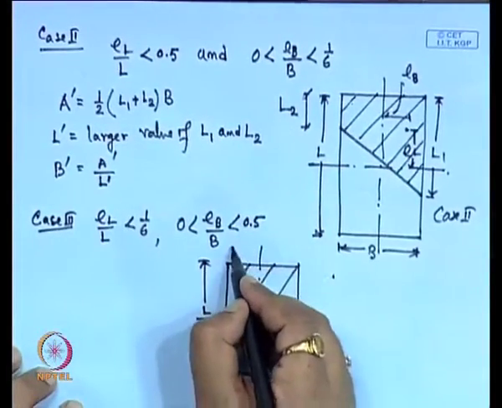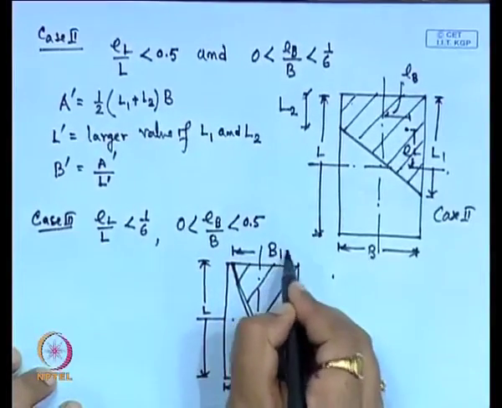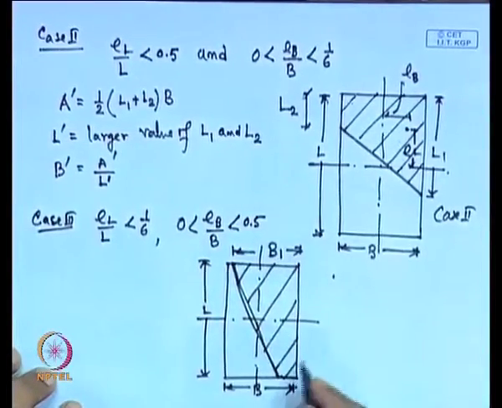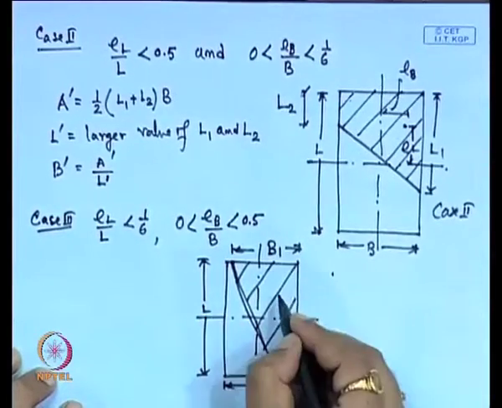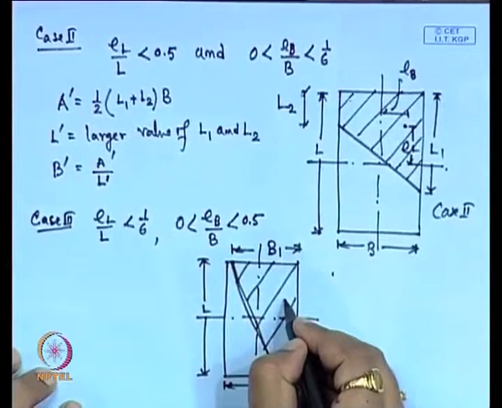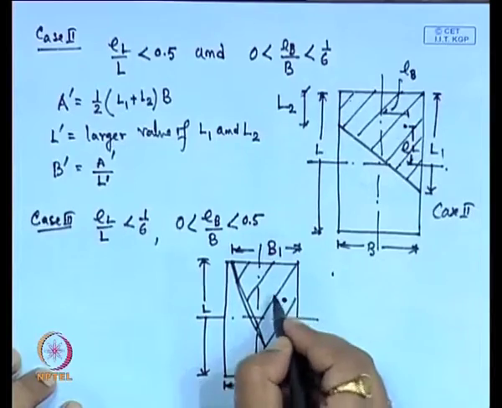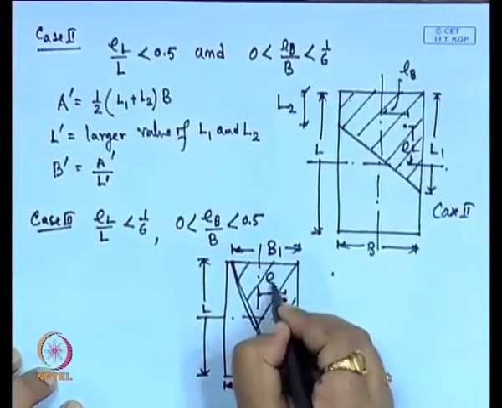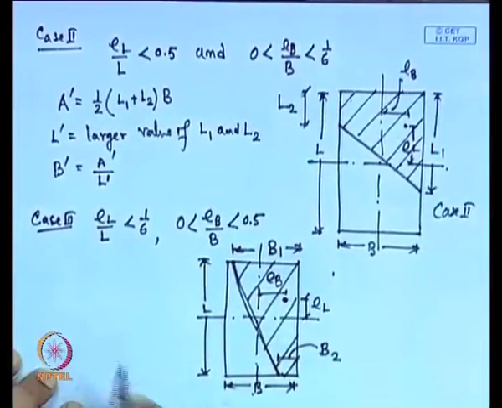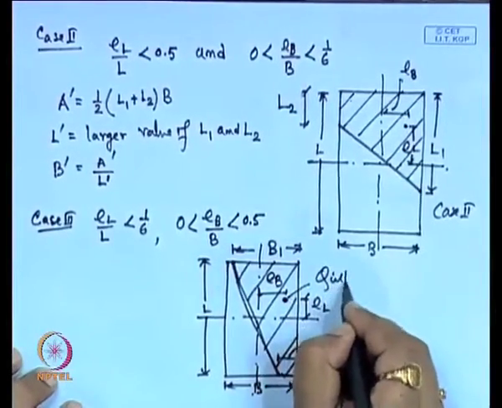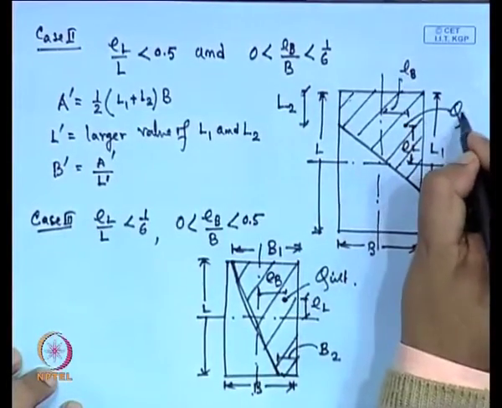So, this one is equal to B 1 and this value will give us B 2, this is L and this one B. So, this will be the point. So, this is E B and this one E L. So, this point this is Q ultimate. Similarly, this one also this is Q ultimate.